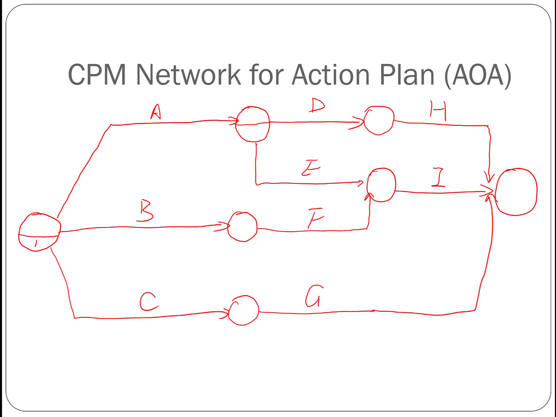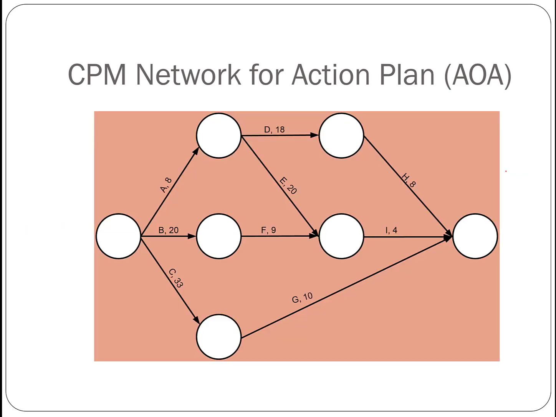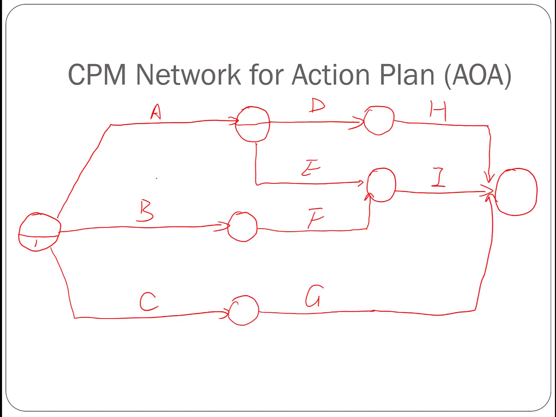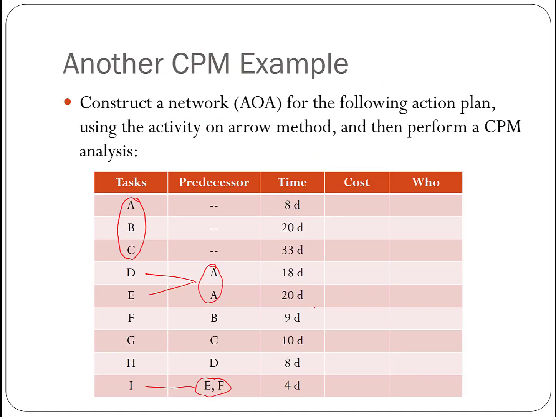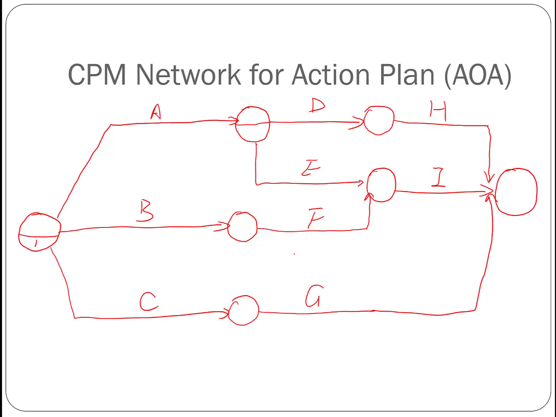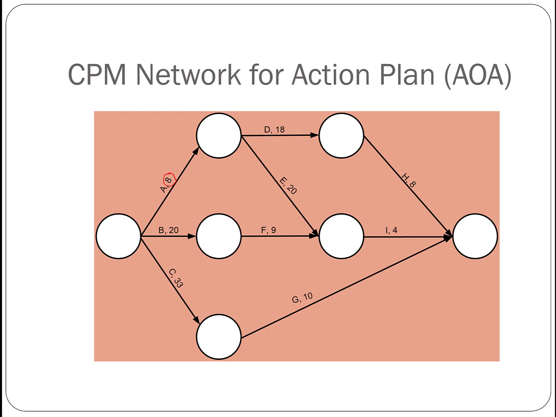The main focus is the predecessor relationship. Then we're going to add the duration of those activities after the activity using a comma to separate them. Those durations are given in this action table. So A takes 8 days, B takes 20 days, C takes 33 days, and so on to complete. So we add those durations on the arrow after the activity name and a comma.